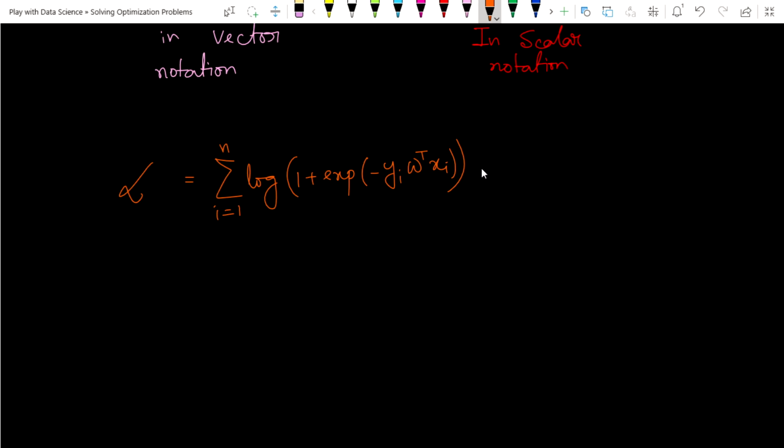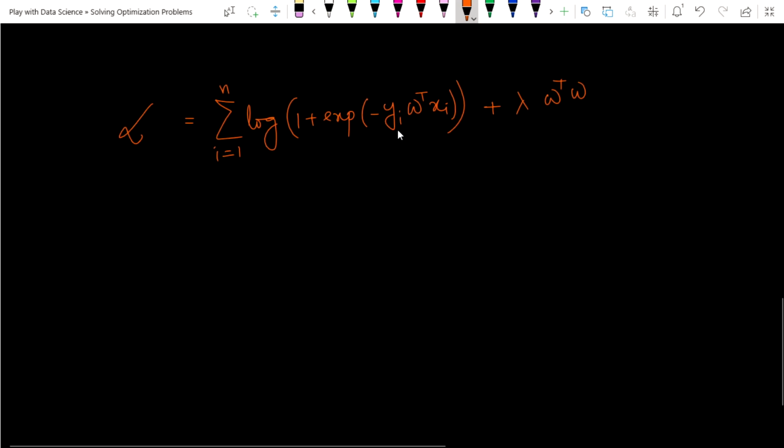This is our logistic loss, and we are using an L2 regularizer, with hyperparameter lambda, and the term lambda w transpose w. Here all the values are known, xi and yi, and lambda depends on how we choose it. We only have to find w.